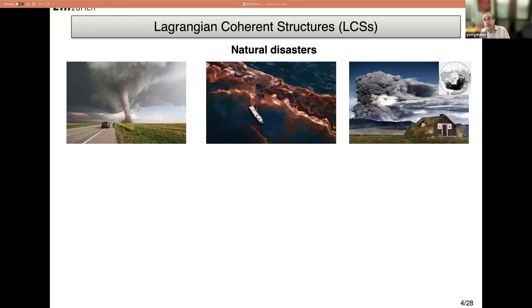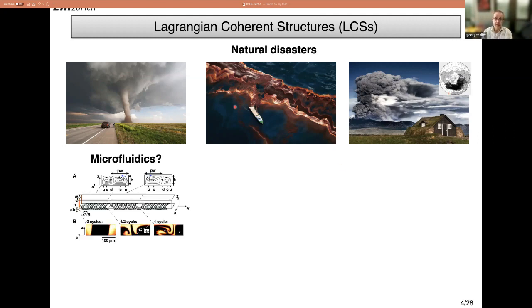So this always gives new impetus to trying to understand what structures in complex flows we have, and how we could better understand, model, and perhaps extract them from models or measured velocity fields.